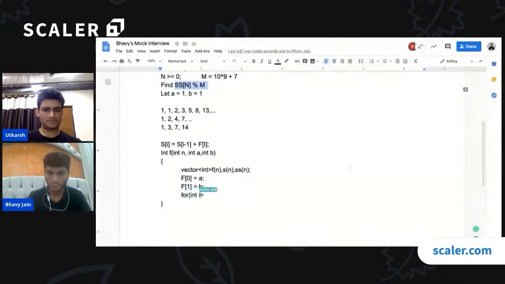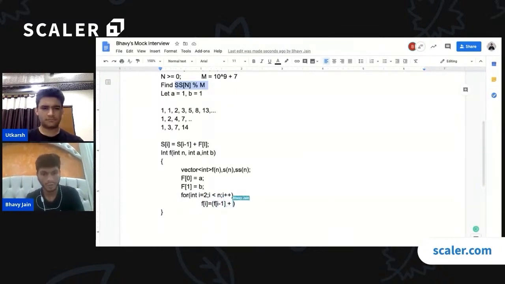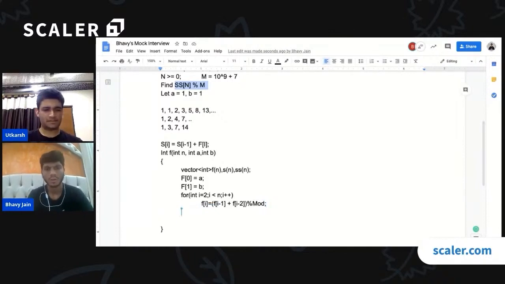For I from 2 to n, f of I will be f of I minus 1 plus f of I minus 2 mod M. Since these are both less than 10 to the power 9 plus 7, the sum will be at most 2 times mod minus 2, which is within the limits of integers. So there won't be any overflow issues. Right. Now, S of 0 is f of 0.